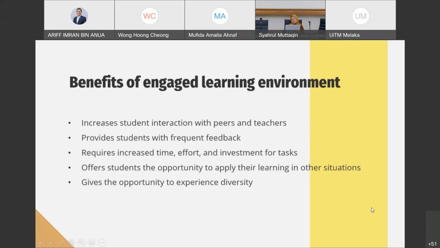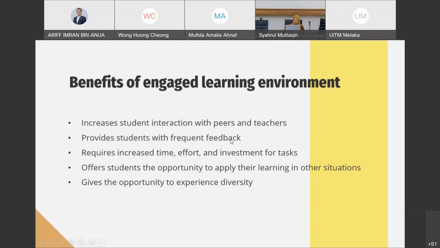And then this is also the benefits of engaged learning environments. It increases students' interaction with peers and also teachers, since the students will feel comfortable and confident in class, so they have good interaction with the peers and also the teachers. And then it provides students with frequent feedback.